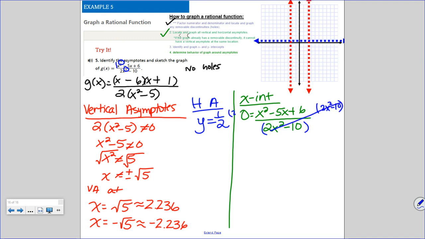On the left, 2x squared minus 10 times 0 is 0. So I just have 0 equals x squared minus 5x plus 6. I've already factored that once. It factors into x minus 6 times x plus 1. So I get that x equals minus 6 plus 1.